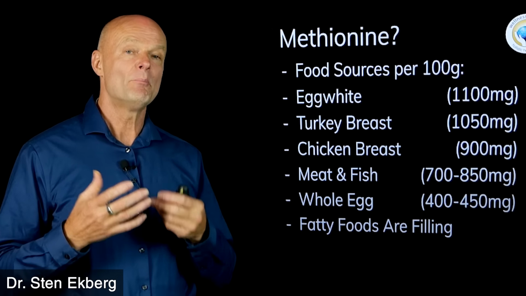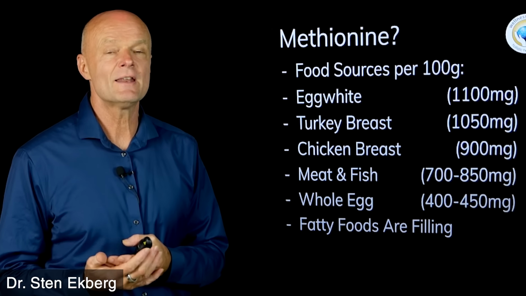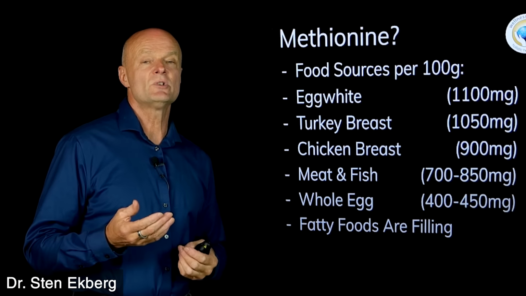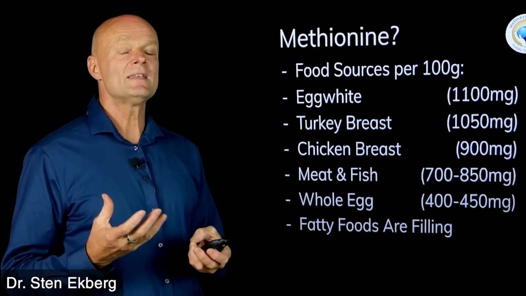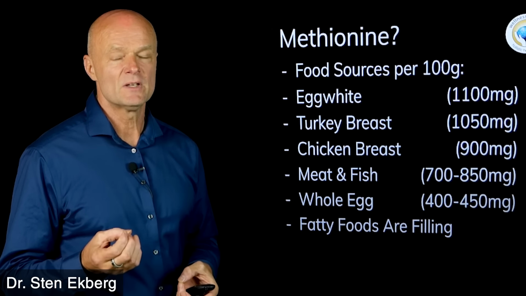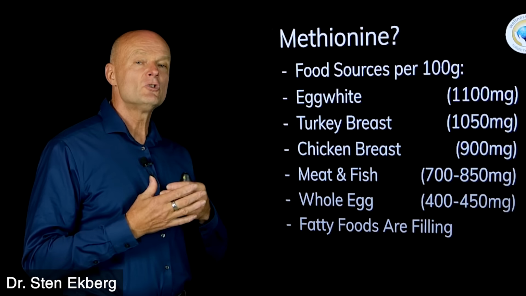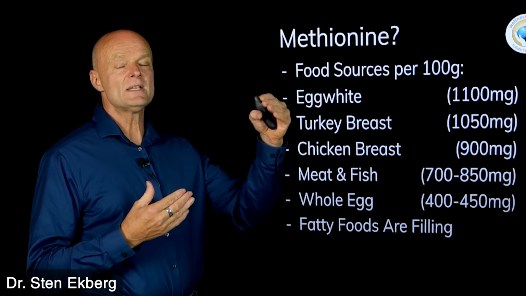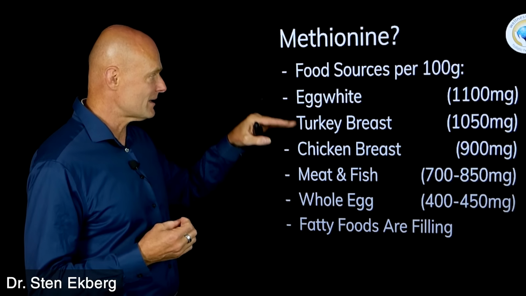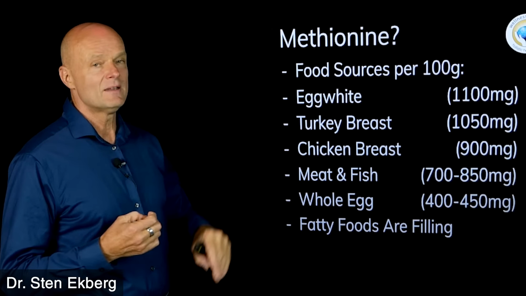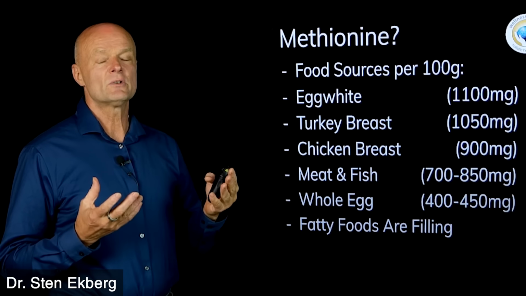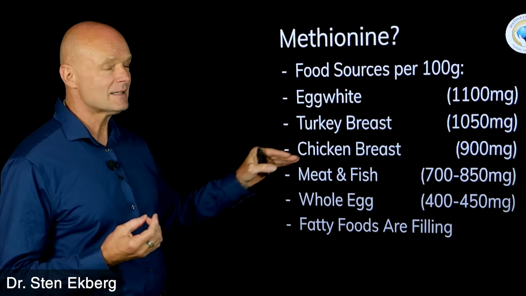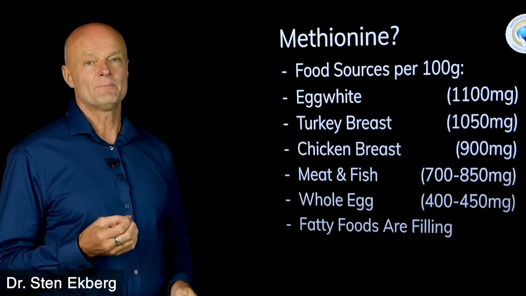And I'm thinking bodybuilders who are trying to get up to hundreds and hundreds of grams of protein per day. This is one way that you can overdo it. So if you're trying to sort of artificially increase your protein intake and you're going for the egg white, the turkey breast, and the chicken breast, you could eat 300-400 grams of protein and definitely get too much methionine.